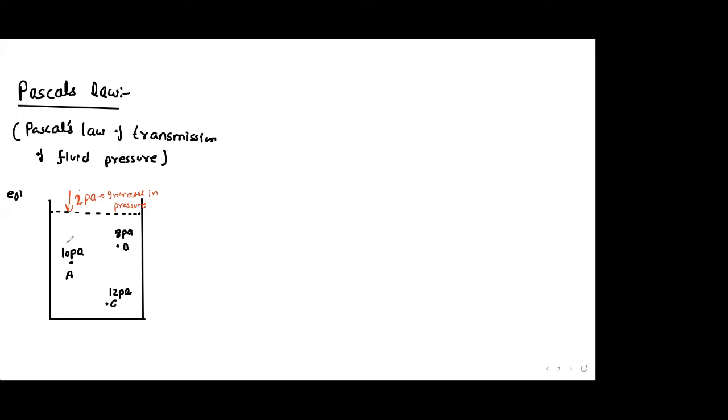Means this point will get 2 pascals pressure, this will also get 2 pascals, and this will also get 2 pascals. The net pressure is 12 here, 10 here, 14 here. So if you increase pressure at a point, that increase in pressure is distributed equally. Each point will get the same increase in pressure.